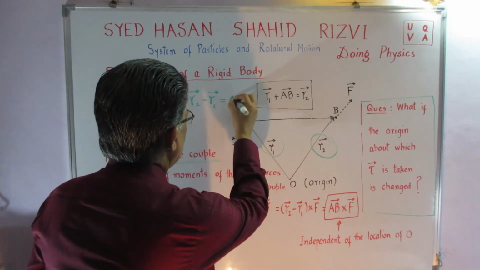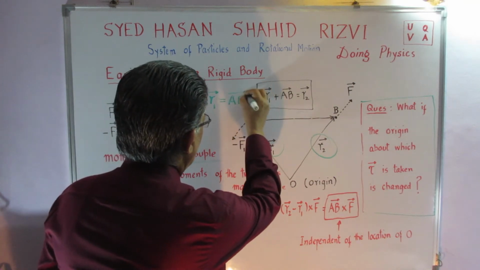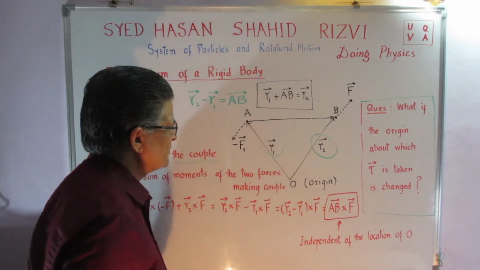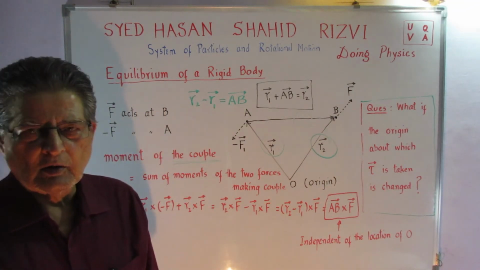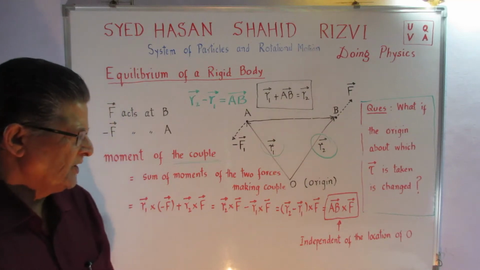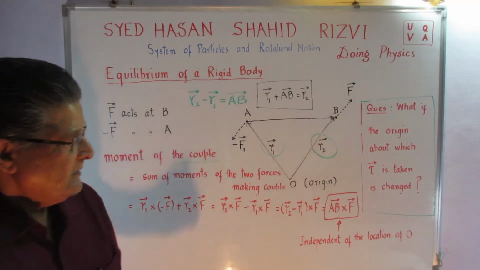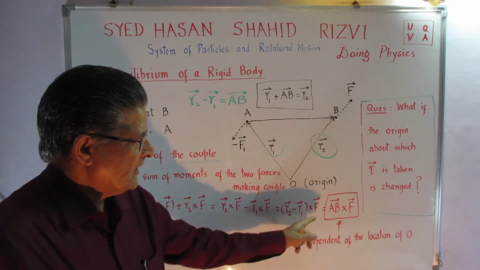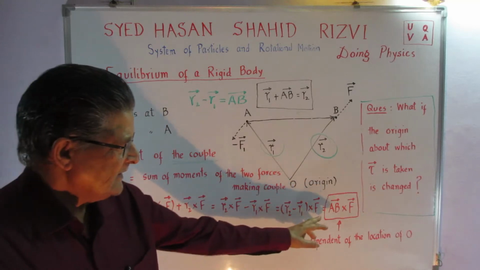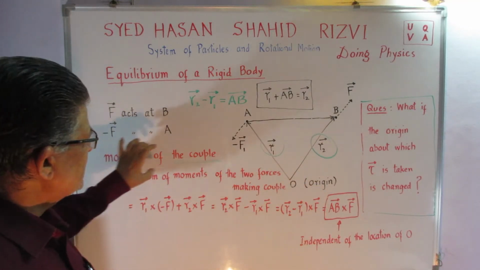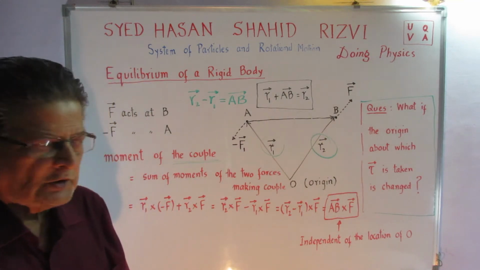Very simple, but for beginners you must be careful because I am just using the simple definition of vectors and their summation, subtraction, etc. So there I find a very interesting result, that the moment of the couple turns out to be equal to vector AB cross F.